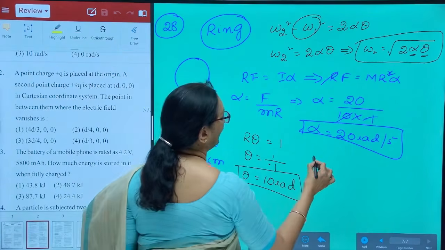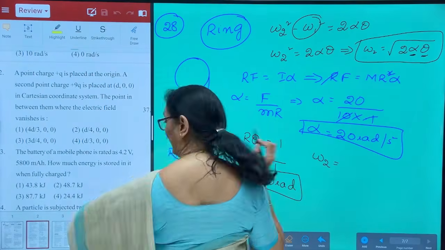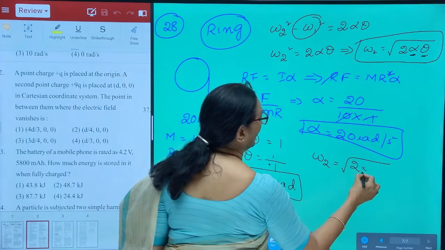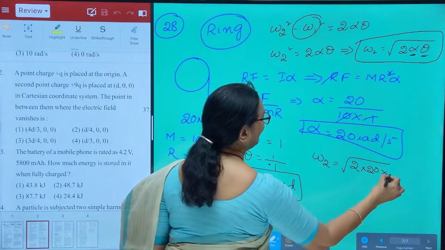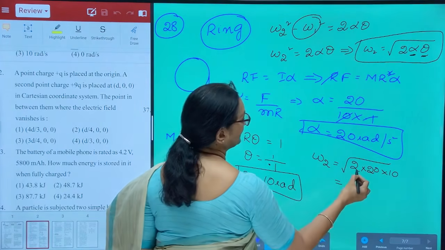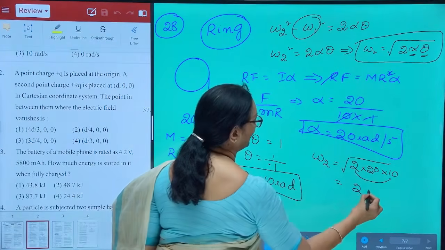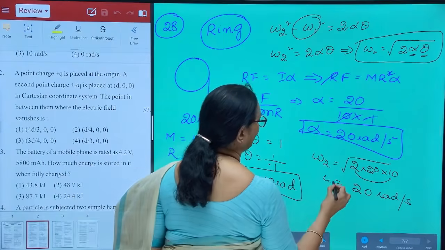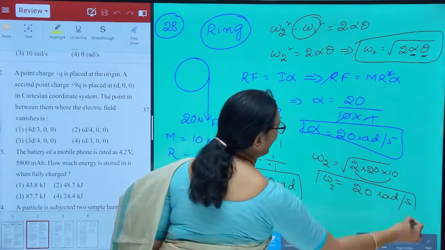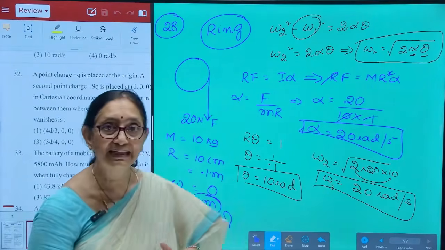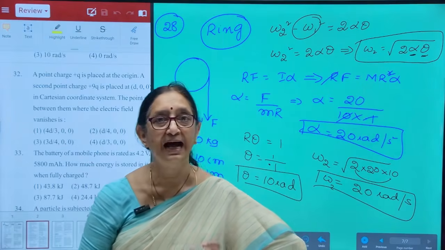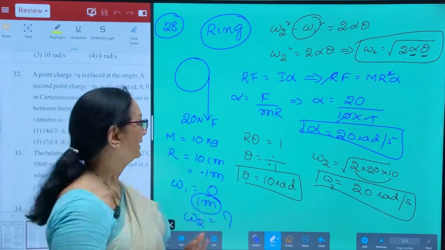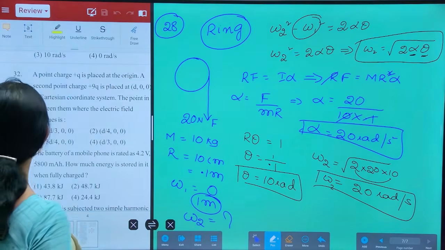From this formula, ω2 is equal to √(2αθ), so that is the square root of 20 into 20. It is 20 radian per second. That is the angular velocity of the wheel by the time the cord is unwound by 1 meter. Right? That is the 28th problem.